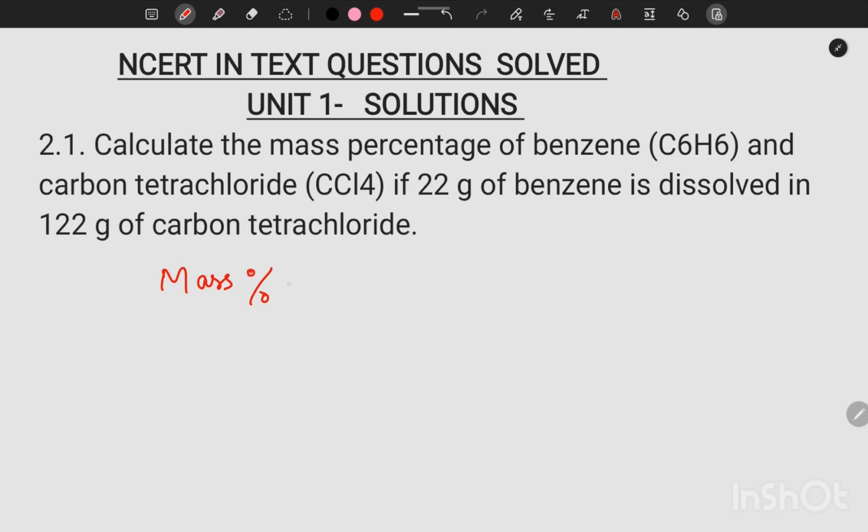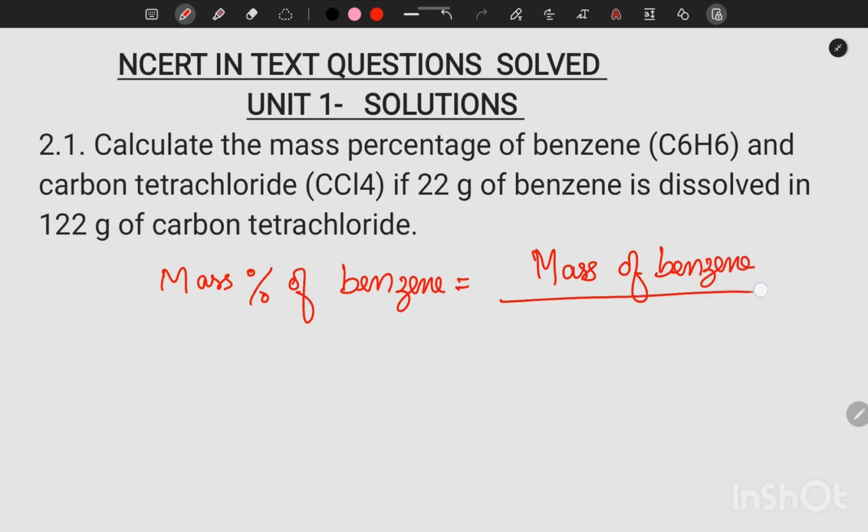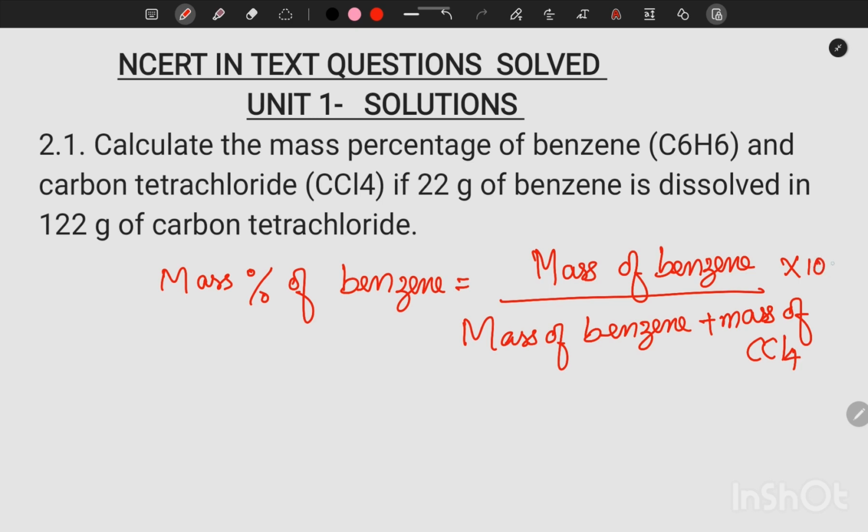Mass percentage of benzene is equal to mass of benzene divided by mass of solution, that is mass of benzene plus mass of carbon tetrachloride, into 100.